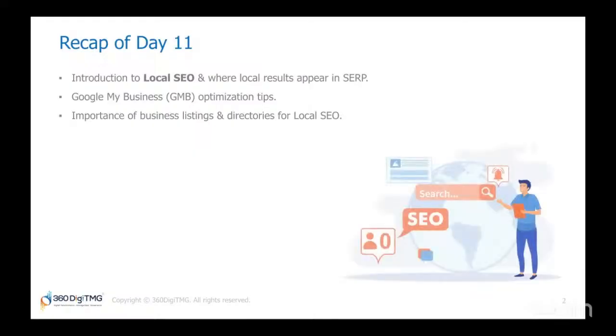We discussed three things: an introduction to local SEO and Google My Business, GMB optimization tips, and the importance of business listings and directories for local SEO. We have seen one website, Free Listing India.